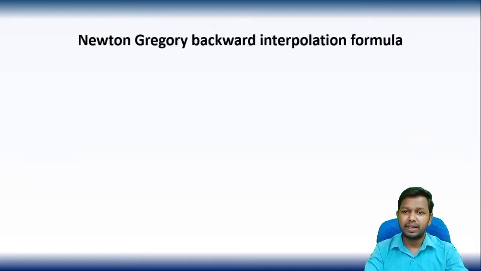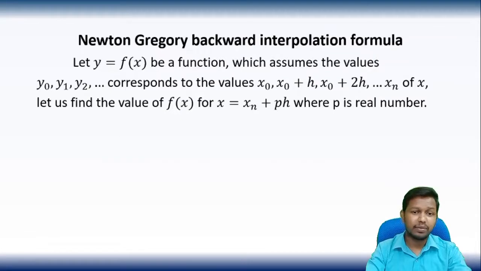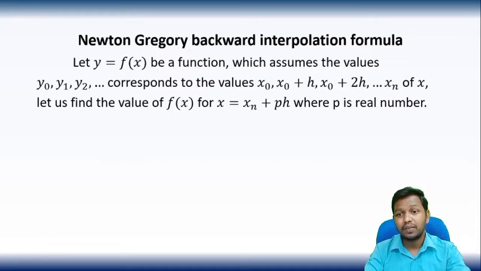Newton-Gregory backward interpolation formula. As with the forward interpolation formula, y equals f of x is a given function which assumes the values y0, y1, y2 corresponding to the values x0, x0 plus h, x0 plus 2h, and so on. Let us find the value of f of x for x equals xn plus ph, where p is a real number.